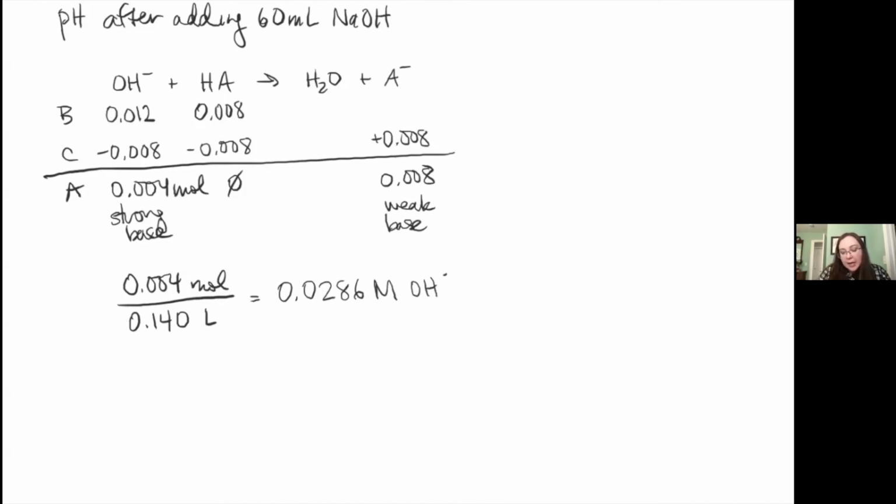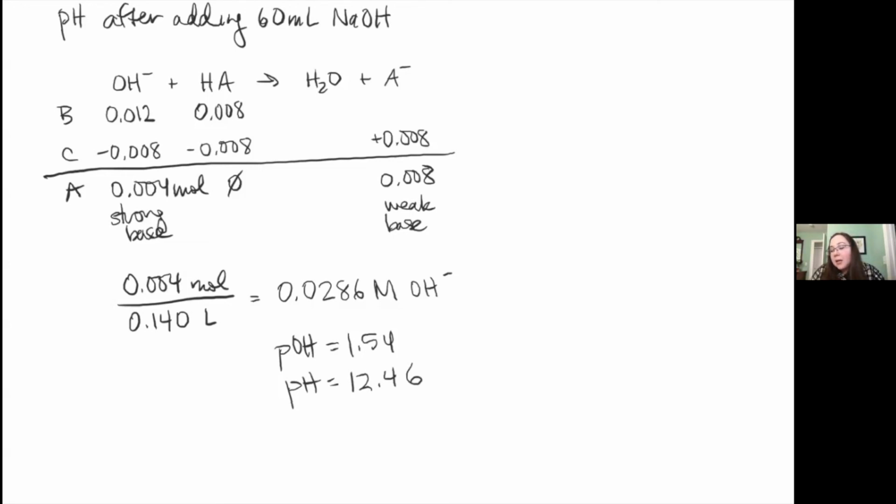And we can take the negative log to get the pOH, 1.54, and our pH would be 12.46. Okay, so that's the last step here. Remember, after we've passed the equivalence point, our pH is going to be determined primarily by the concentration of our excess hydroxide ion from the base that we've added.